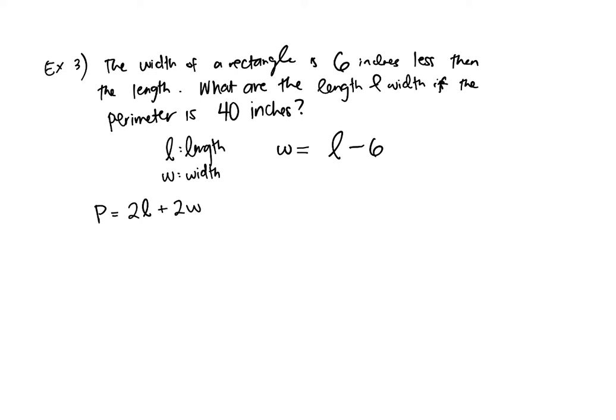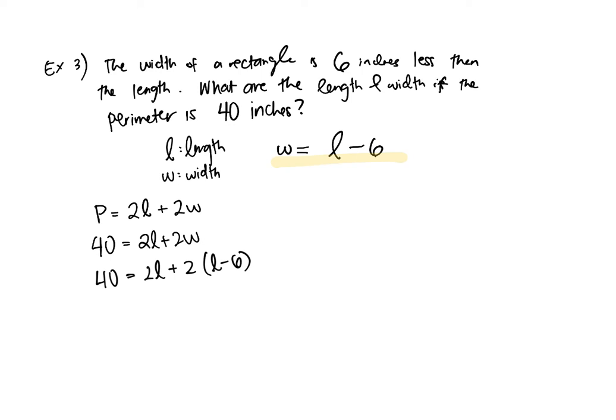P I know is going to be equal to 40. 2L plus 2W. Here I still have two different variables, but since W is defined to be L minus 6, I'm going to actually instead put L minus 6 instead of W. So since they're equal, they can substitute each other. So 40 is equal to 2 times L plus 2 times L minus 6.